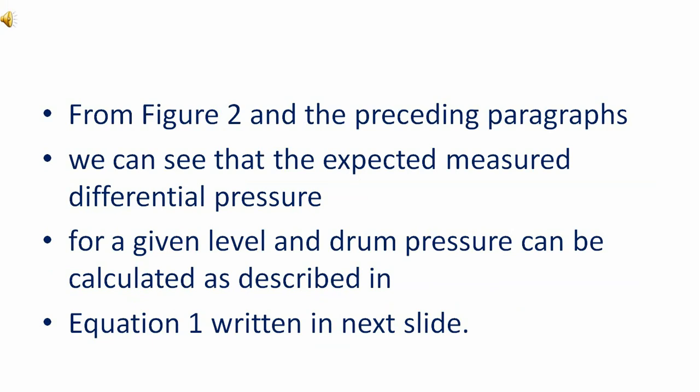From figure 2 and the preceding paragraphs, we can see that the expected measured differential pressure for a given level and drum pressure can be calculated as described in equation 1, written in the next slide.